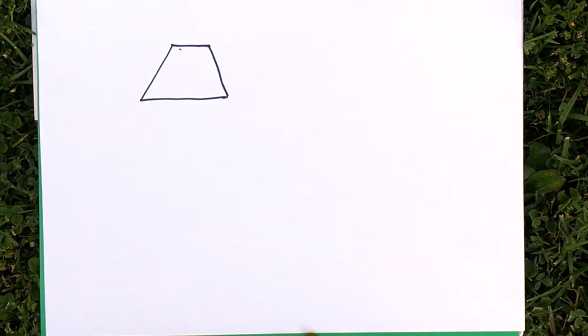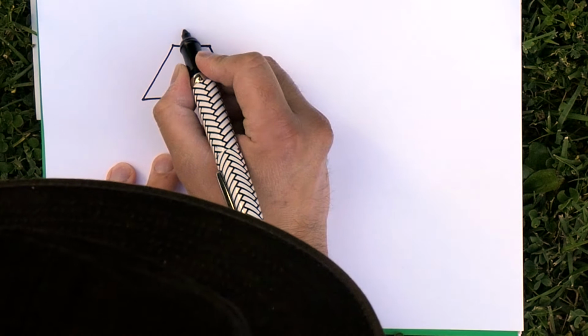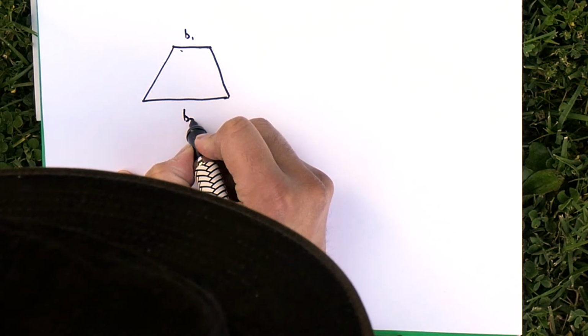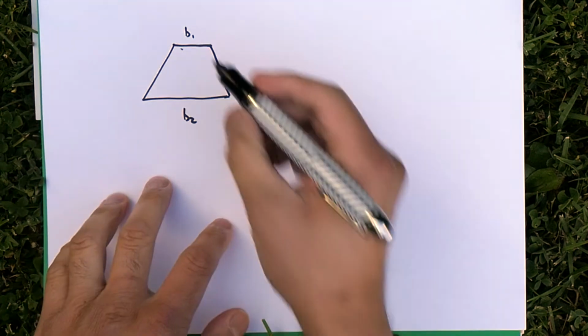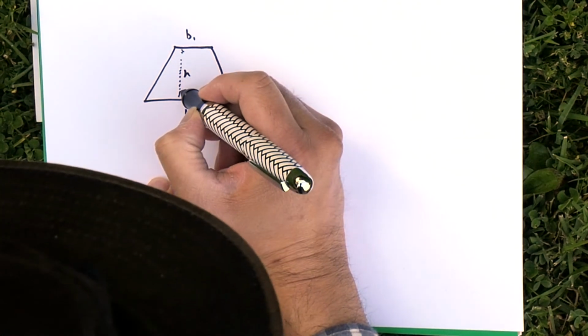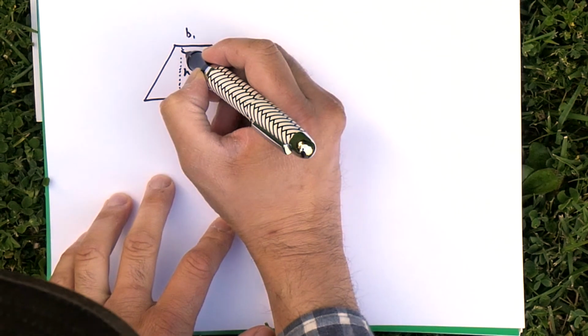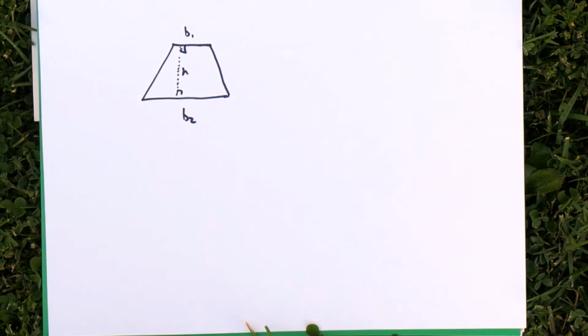This trapezoid has two parallel sides. So you have base 1 here and base 2. It has two bases because that's how trapezoids are. You have two bases and you have a height that is perpendicular to both of the bases. You don't have to worry about these two. All right? So how am I going to find the area of that?